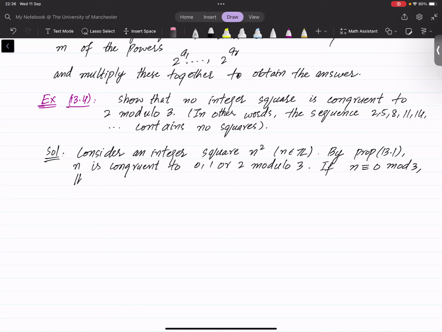Because if you divide 4 by 3, you will get the remainder 1. Okay.